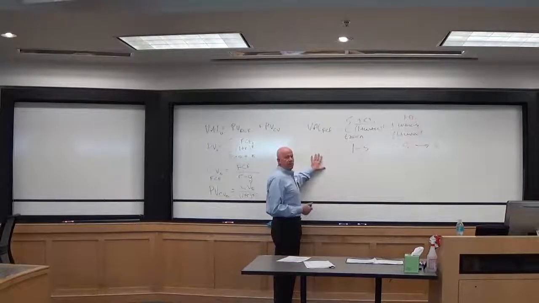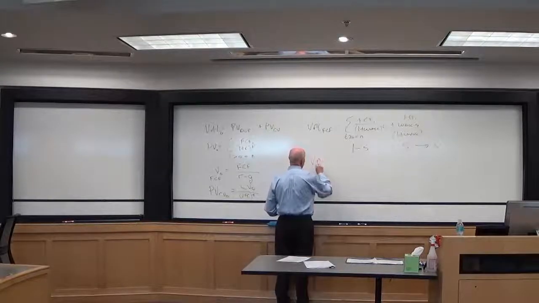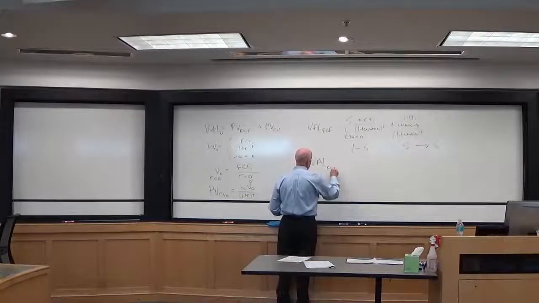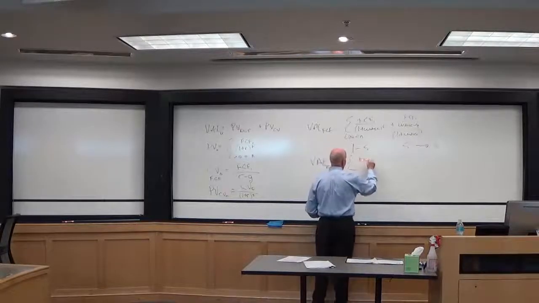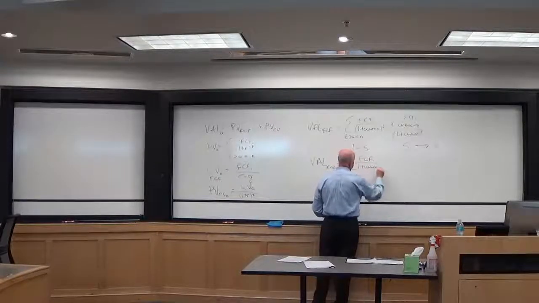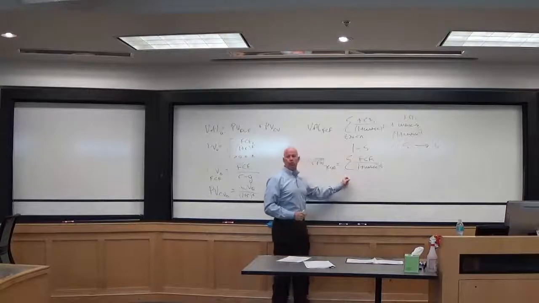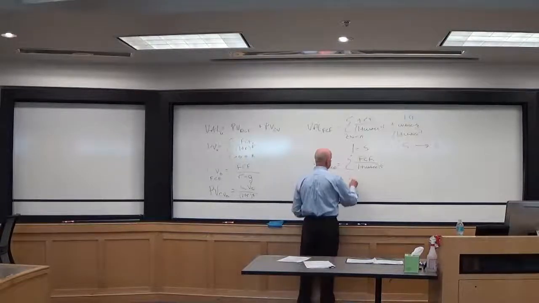Valuation using a particular model form, we use now the KVD form, is equal to the sum of the free cash flows at times I, divided by 1 plus WACC, to the t, where we have some known number of years for our explicit period, because this is all about the explicit period, that's the first term.